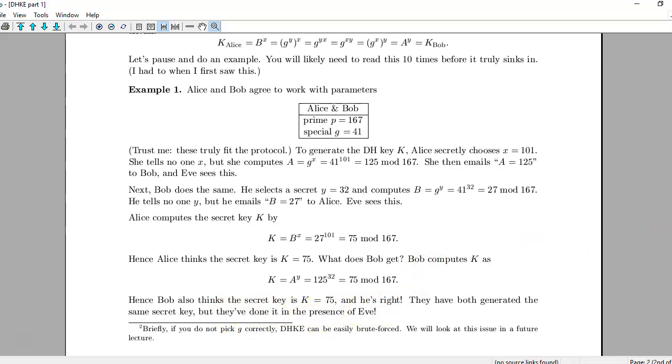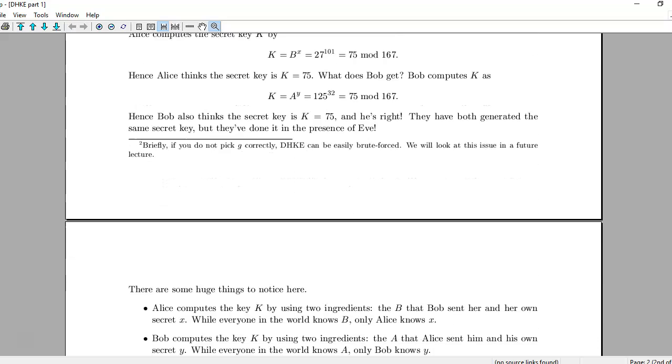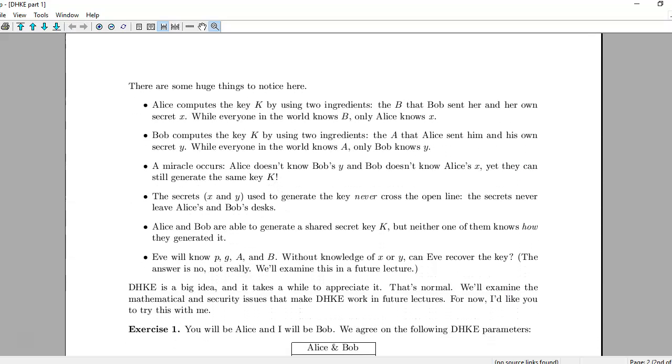Okay, so this is kind of amazing, right? Let's talk about a few things going on with Diffie-Hellman key exchange here. Again, to summarize, Alice computes her key by using 2 ingredients: the B that Bob told her and her own X. Everybody in the world knows B, but only Alice knows X. Same thing for Bob.